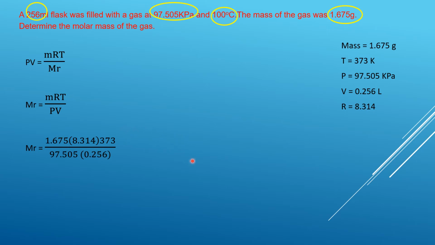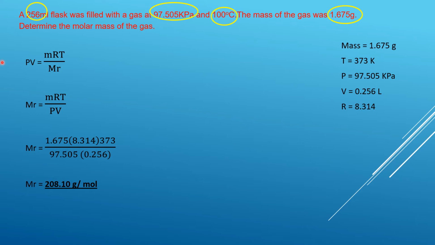You can leave your answer in as many significant figures here, because once you calculate your MR, numerator divided by the denominator, your answer should exactly be 208.10 grams per mole. If you can work it out yourself. If you round off your answer too early, your answer would not be 100% accurate, as what is expected. So the final rounding off should always be done at the last stage.